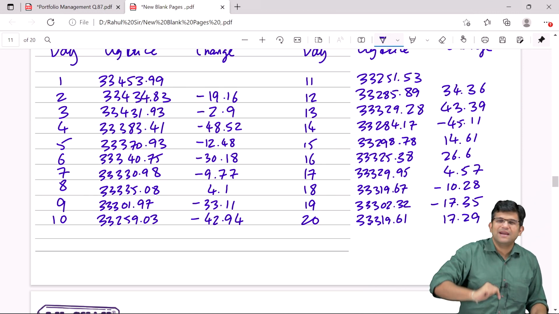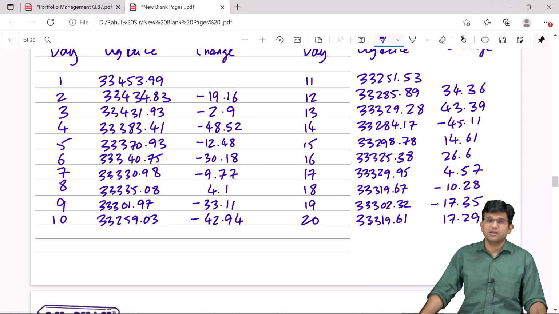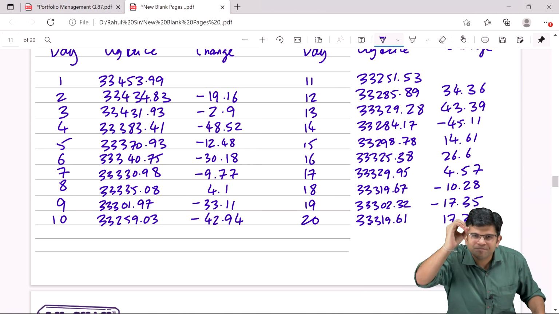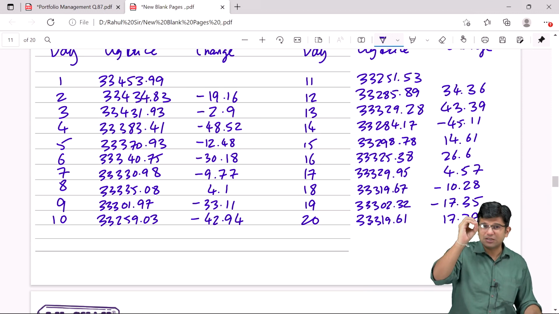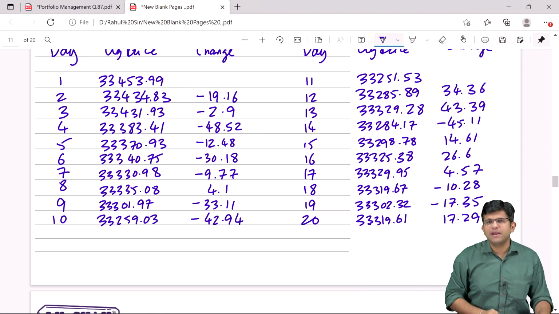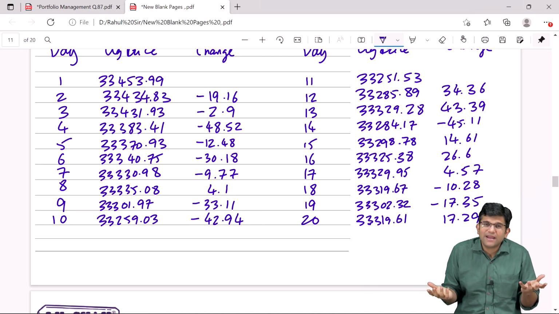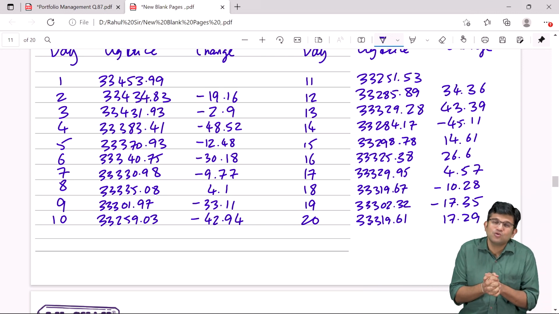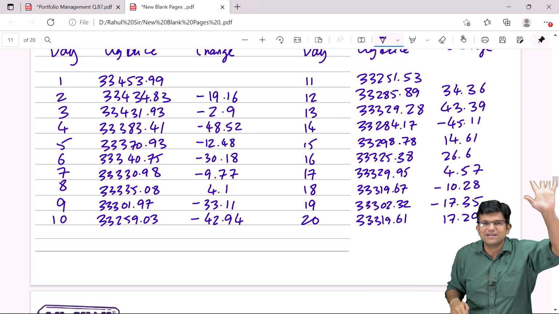But do you understand that if the correlation between these two changes turns out to be zero, what is the meaning of zero? The meaning of zero is that I don't know the relation between these two sets, and this "I don't know" situation means the markets are efficient.